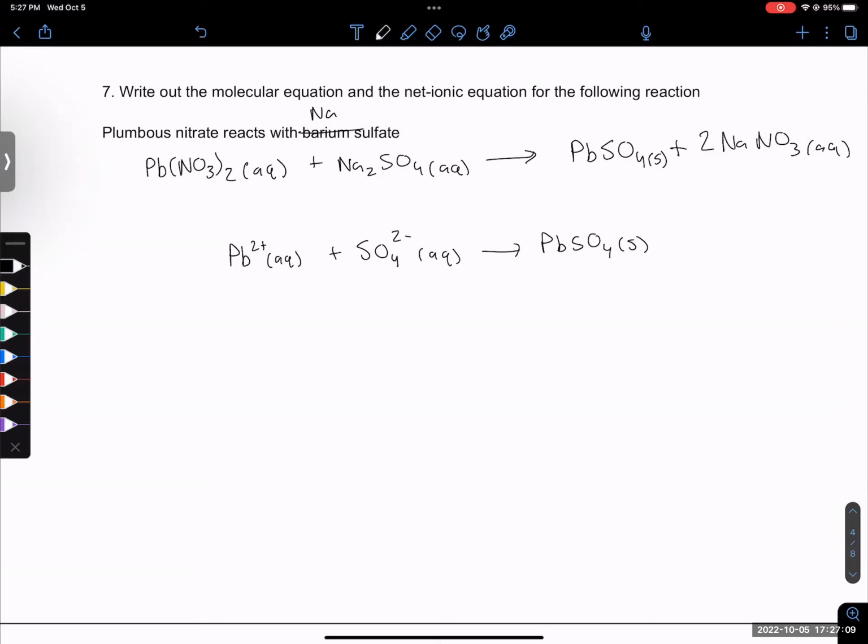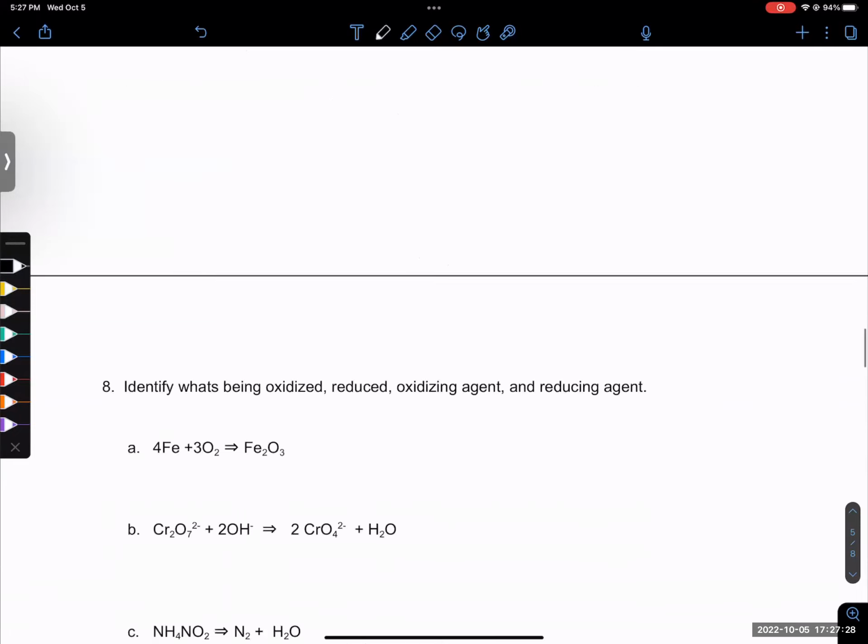Sometimes I look at people's exams and I see them write out the whole thing, but they don't have to. As long as you see which one is the precipitate, go look at your answer choices and see which one has everything in the reactants that is the precipitate, and then the only thing in the product should be the precipitate as well. I think there's a problem like that somewhere later.